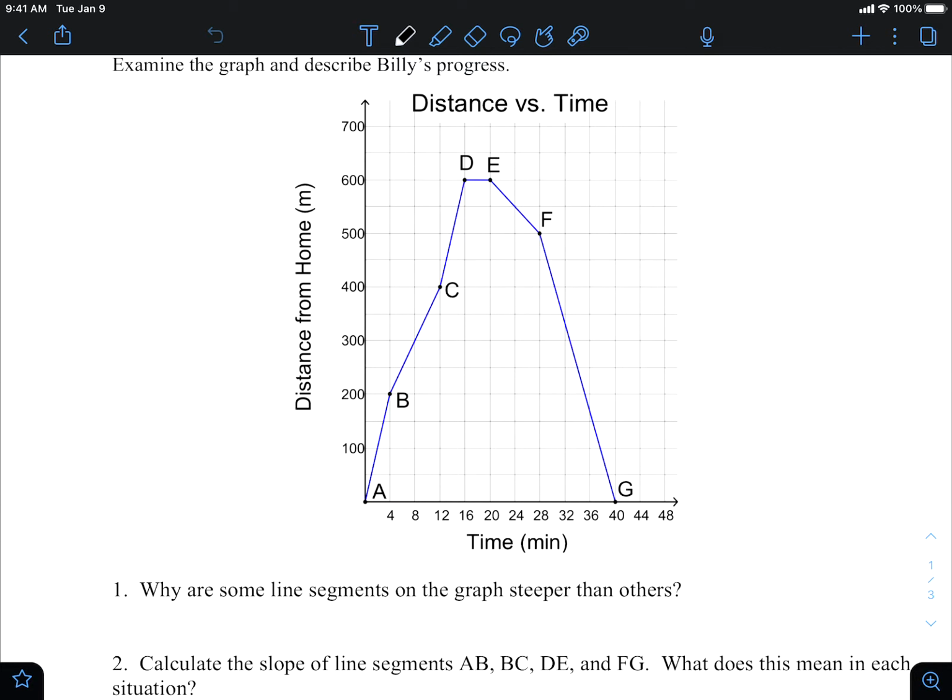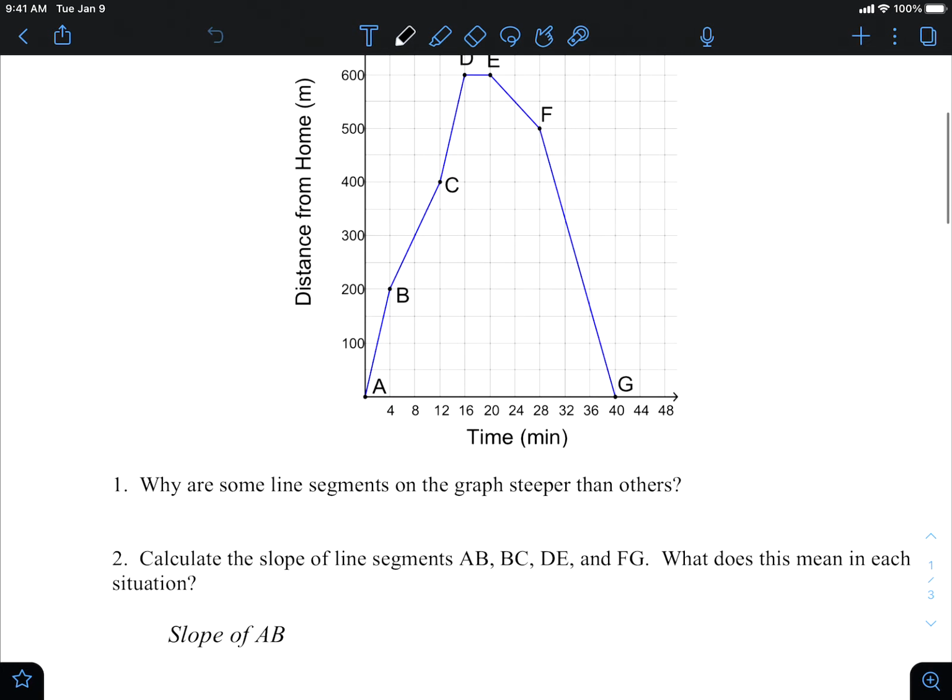So Opal's statement about the speed is true. What I might conclude is, at some points he might be running, some points he might be walking. Does that make sense, everybody? And at some points he realizes he's late and then he starts to sprint. That's the reasoning for the different steepnesses.